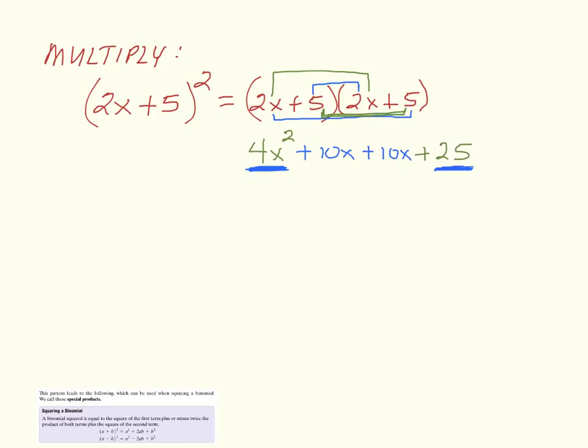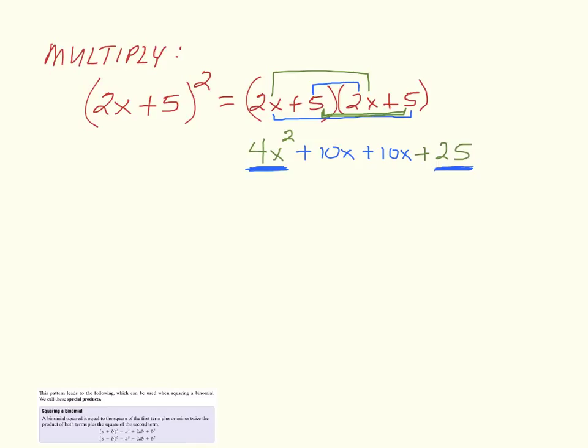Look at the two terms in the middle. They are exactly the same. 10x and 10x are 2 of the same thing. There are 2 of those 10x's. How many of those 10x's do we have? We have 2 of them.